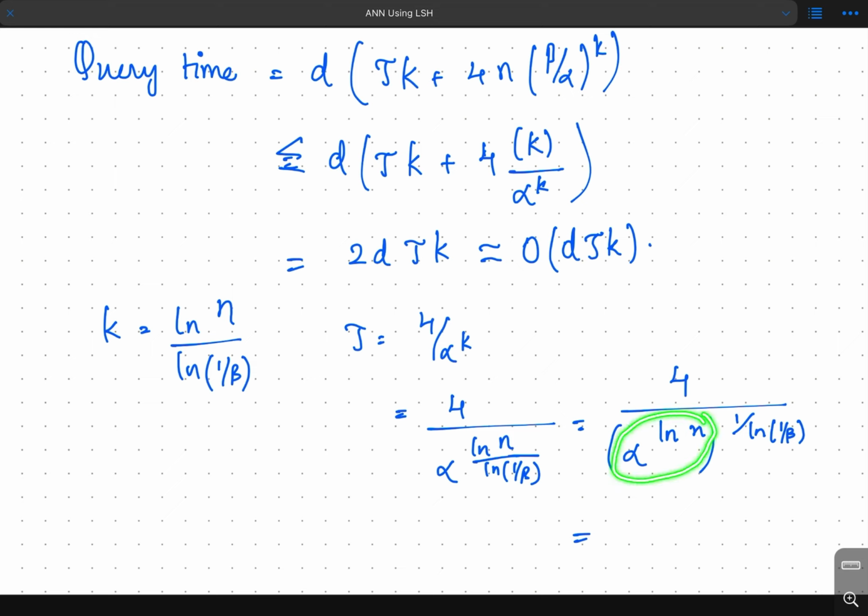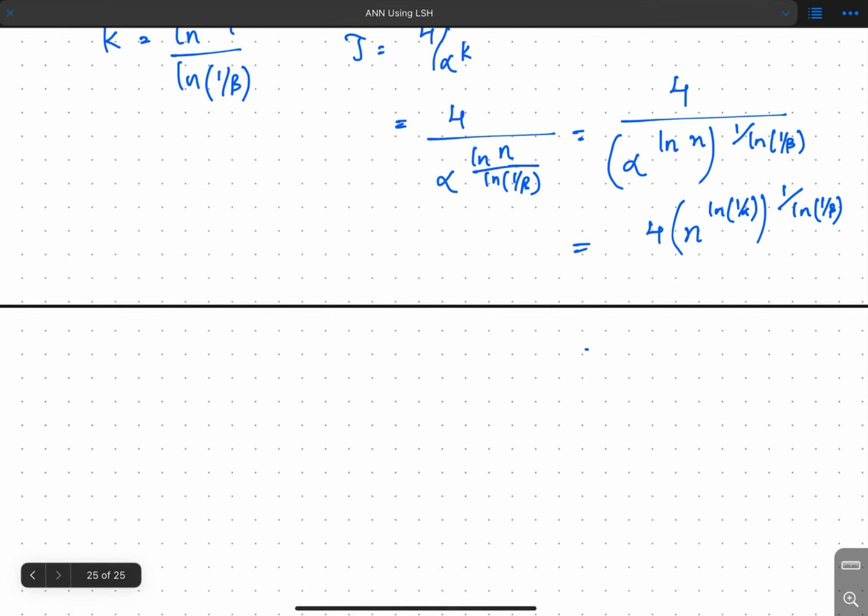This quantity alpha power ln n can be written as n power ln alpha. If we take this entire thing to the numerator, then this will be 4 times n power ln 1/alpha to the power 1 by ln 1/beta. So this will be equal to 4 times n power ln 1/alpha by ln 1/beta.